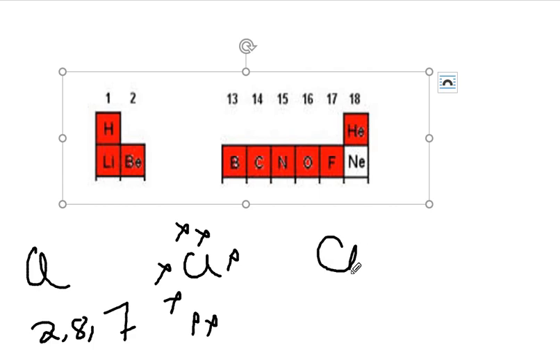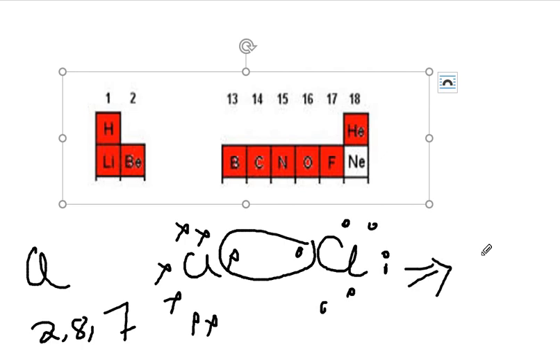Similarly, one more chlorine having 1, 2, 3, 4, 5, 6, and 7. If they join together, both of them individually have 8 electrons in their valence shell, and we get the chlorine molecule here.